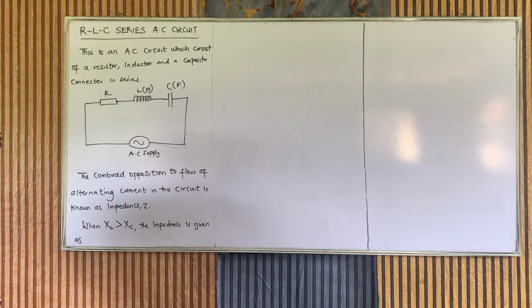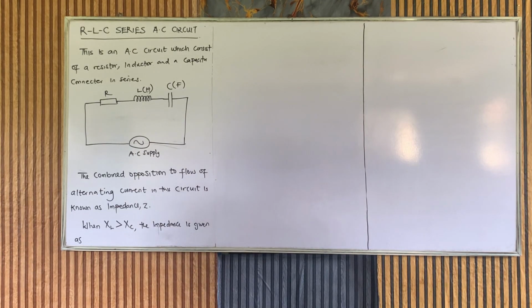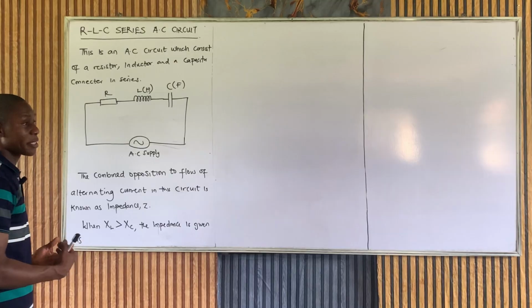RLC series AC circuits. This is an AC circuit which consists of a resistor, inductor, and a capacitor connected in series. And such a circuit is shown like this. The combined opposition to the flow of current, as you all know, is still called impedance. Now, we can have different relationships for the impedance depending on which reactance is greater.